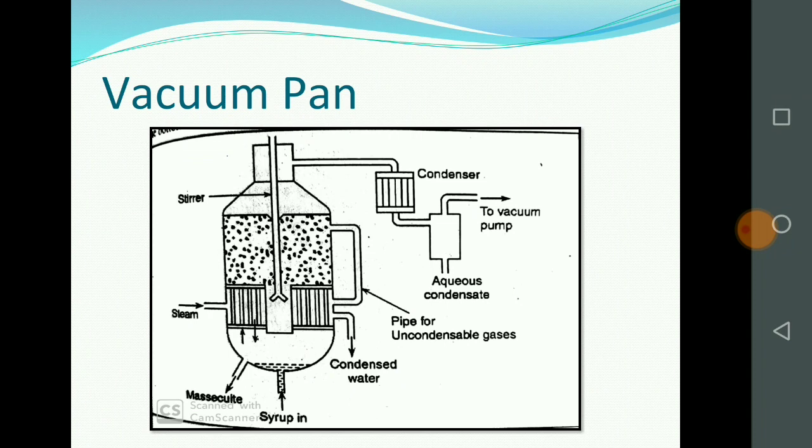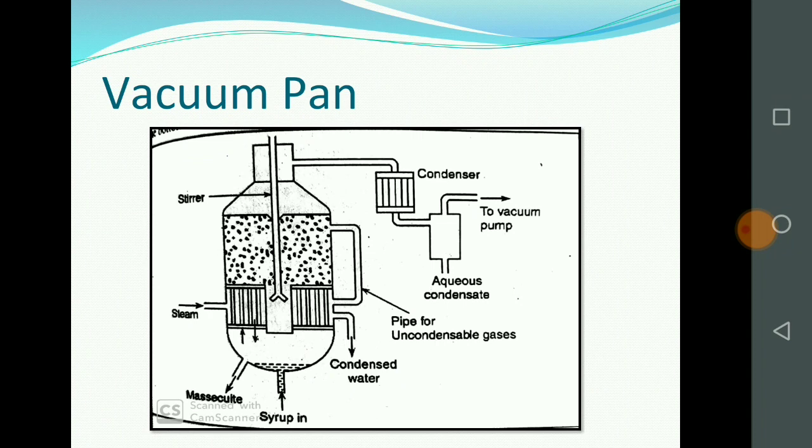Another stage is growth of crystals. When the graining point is reached, more and more syrup is added in lots and mixed thoroughly. The vacuum in the pan is maintained at 28.5 inches.